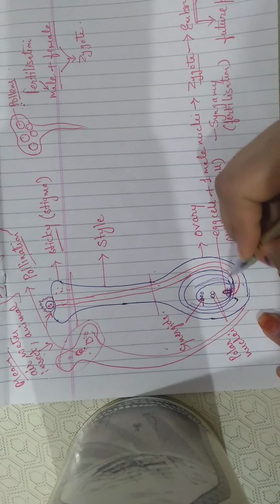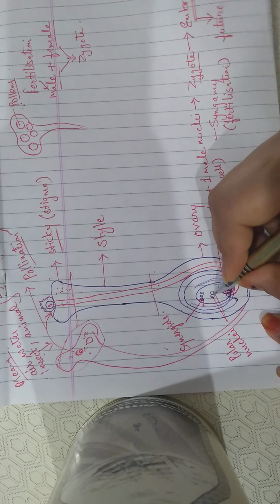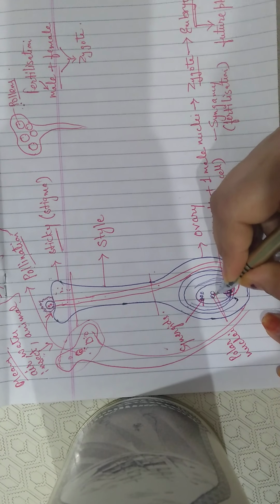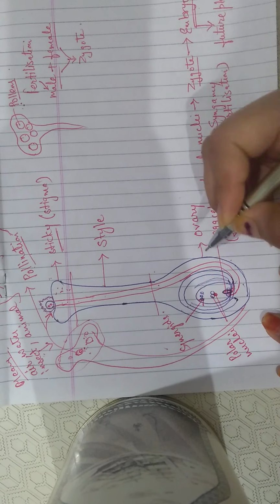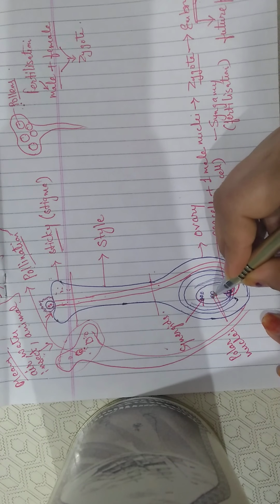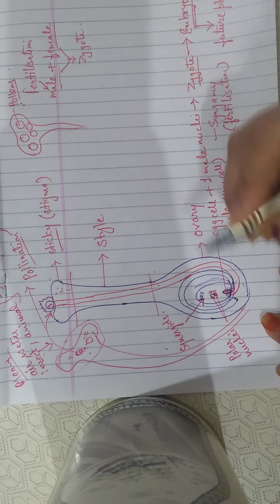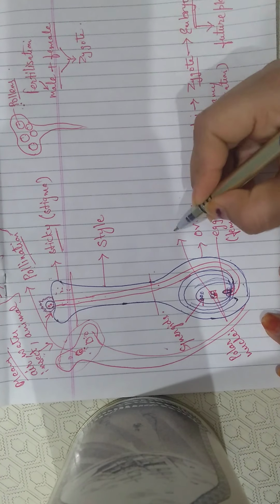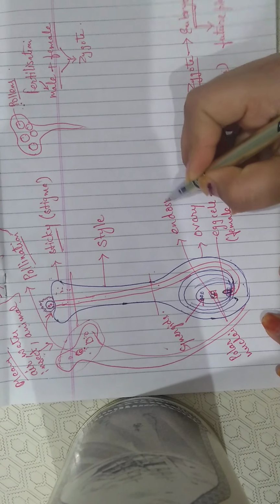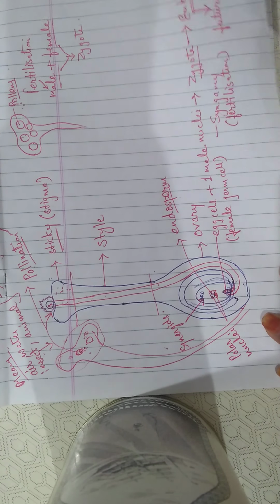Now, the other male nucleus will reach these two polar nuclei. There are two polar nuclei and this one is the third, the male nucleus. The other male nucleus will go to these polar nuclei, and all three cells will fuse with each other and form the endosperm.